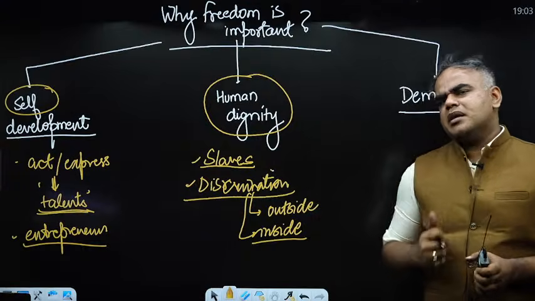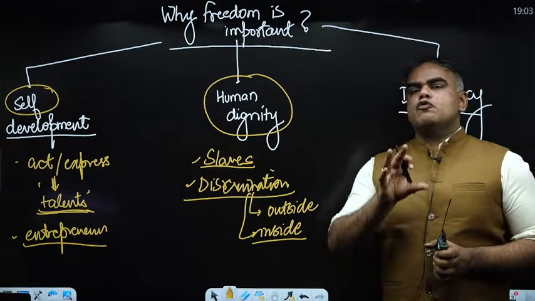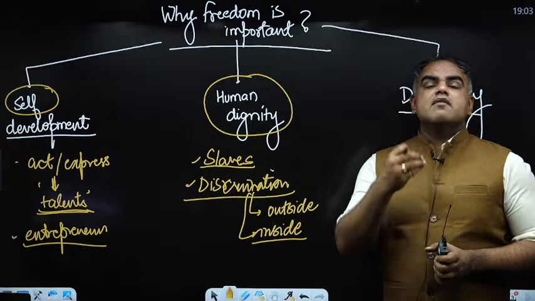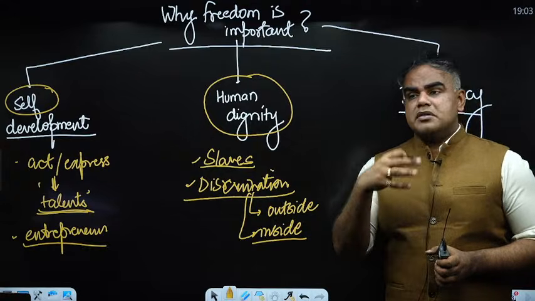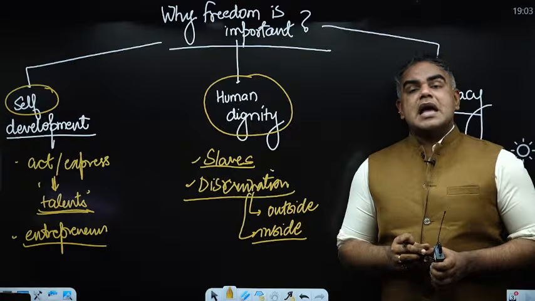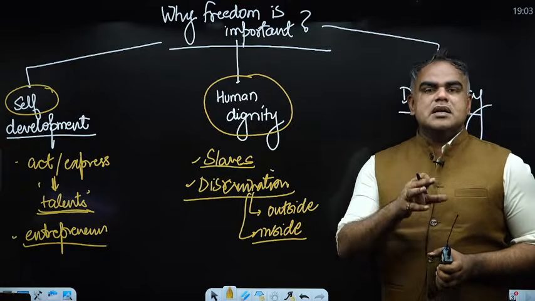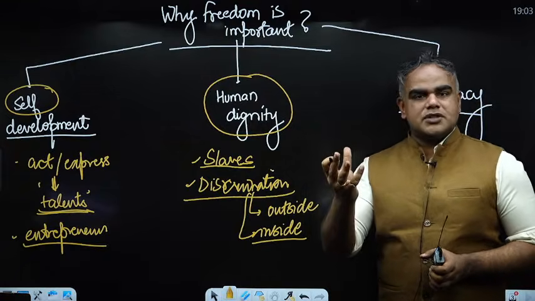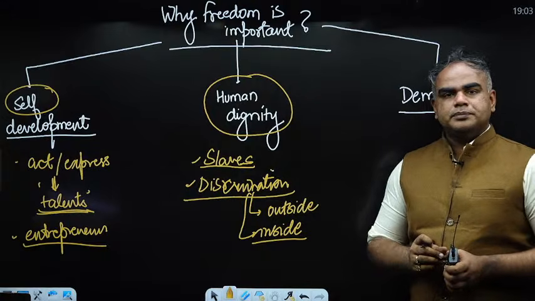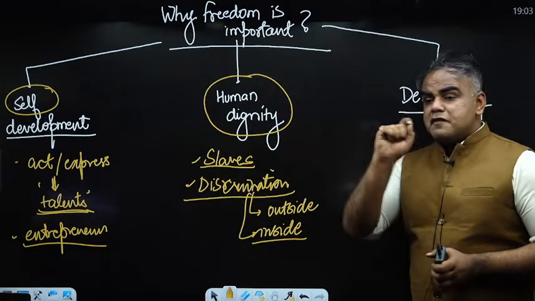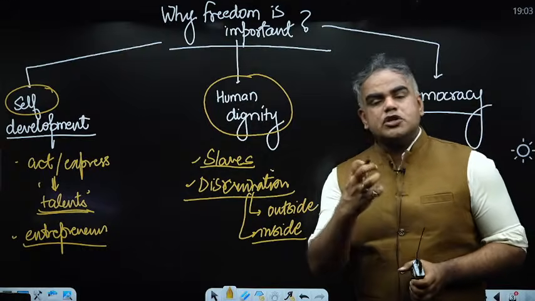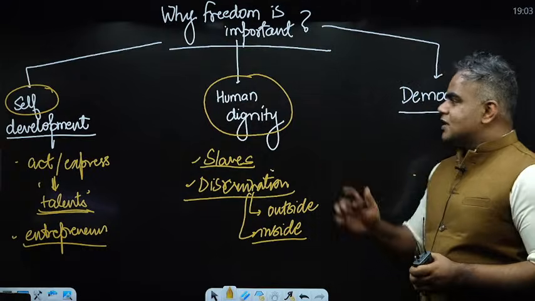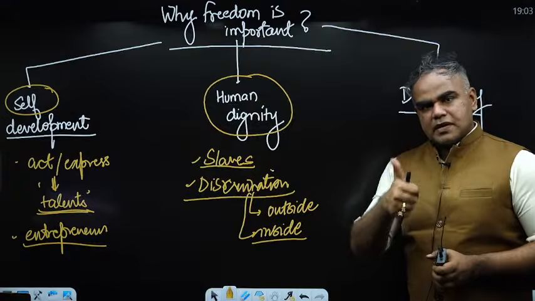Here again, a very practical example, let's have a look at. Okay, if you look at certain countries in the Middle East where there are certain oppressive, regressive practices, as opposed to European countries, let's say even US, where they are very much progressive in nature, they would believe in human dignity. Okay, these are very important words, very important, foundational for the democracy also, right? So one is freedom is important for self-development, yes.